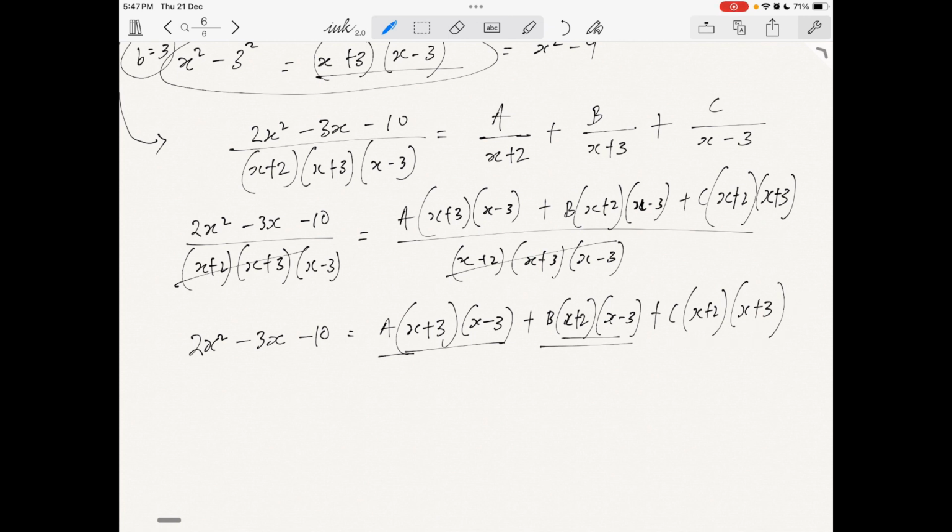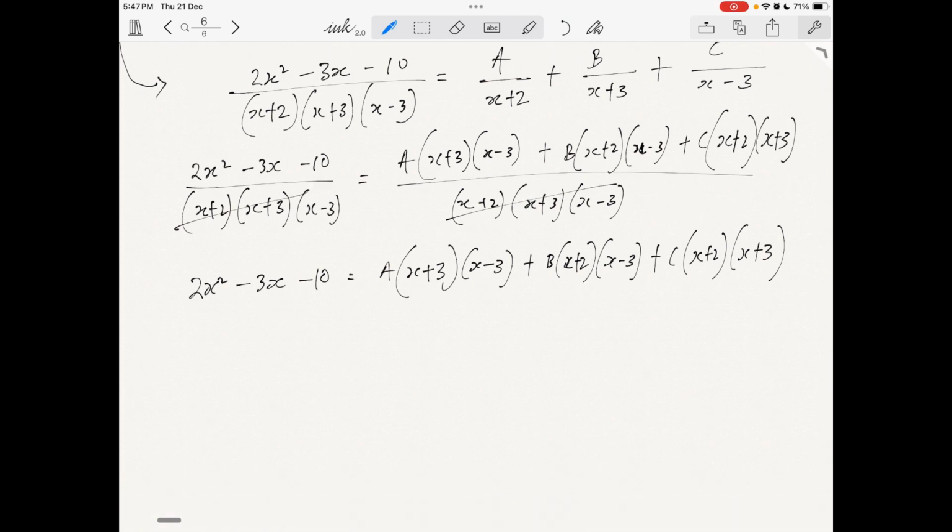But obviously it's quite stressful. So why not just use the cover up method? What we will substitute for x here will turn this whole equation to 0. So we want to try and eliminate a, we want to try and eliminate b, and we also want to try and eliminate c.